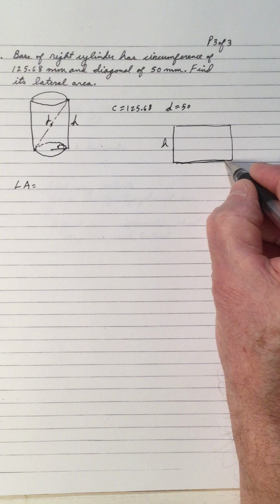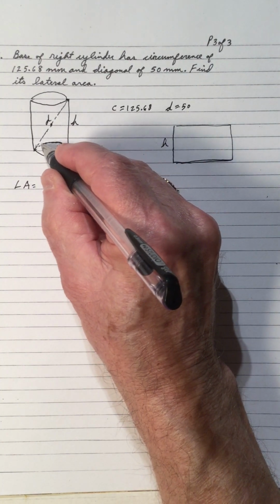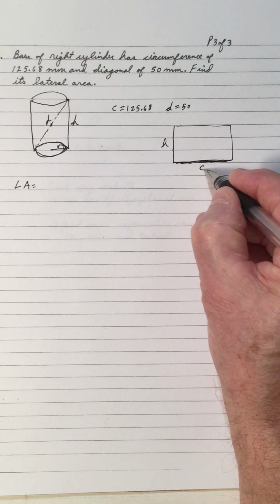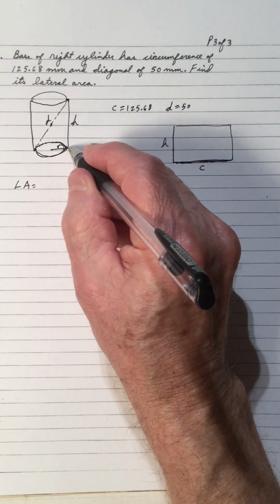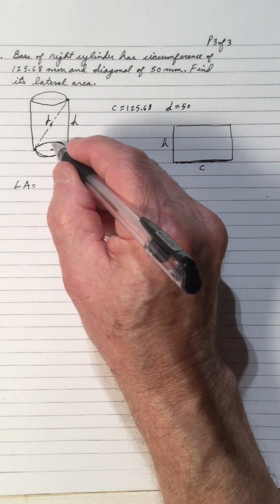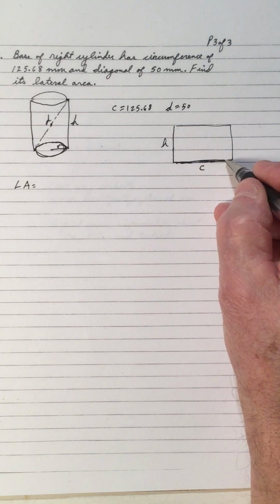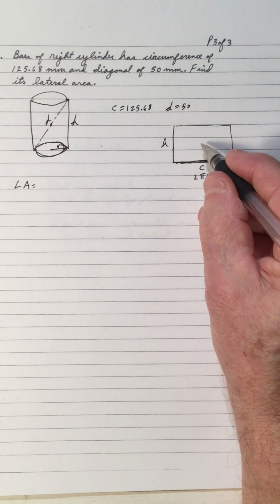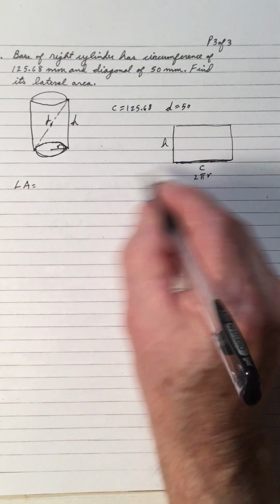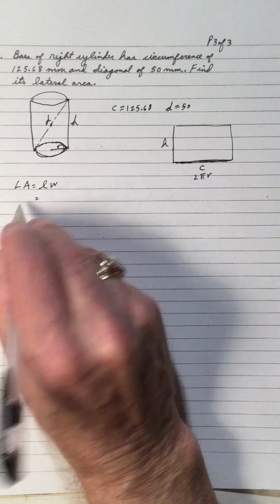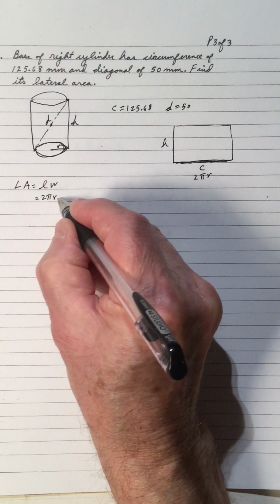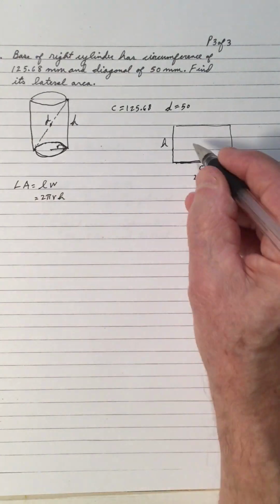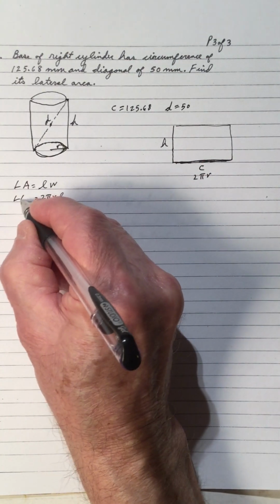And when I unrolled it, this distance right here that I'm marking in dark is the circumference, 2 pi r. So the lateral area is the length times the width, and the length is 2 pi r, the circumference, and the width is the height. So that's the lateral area.